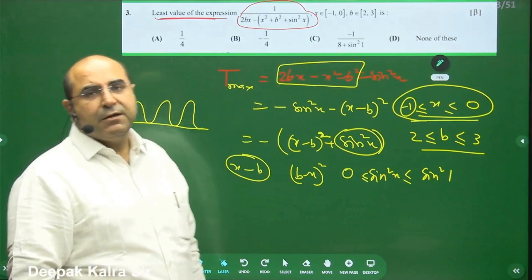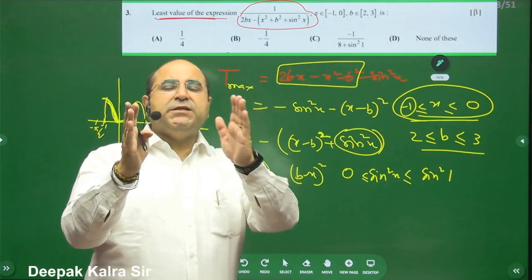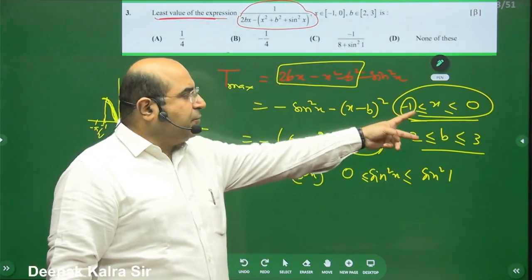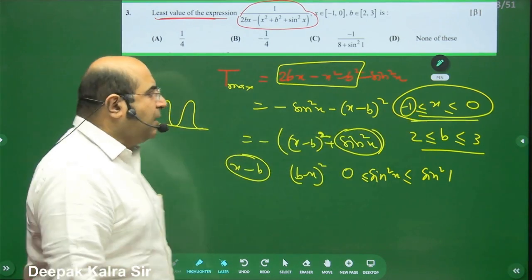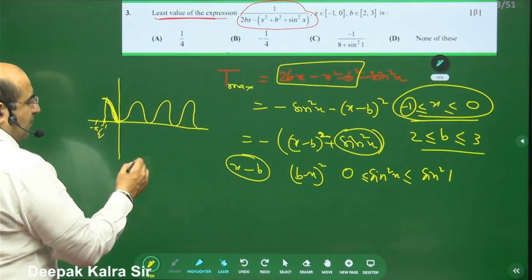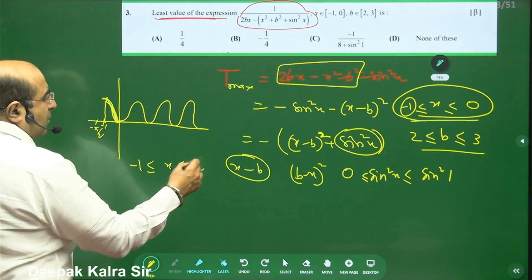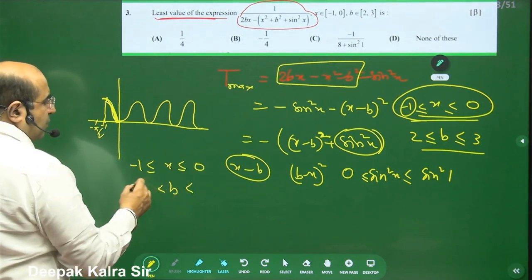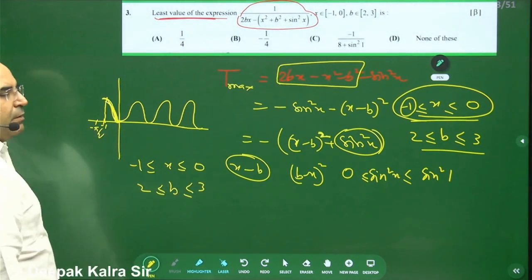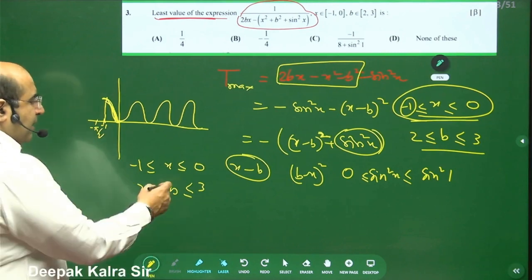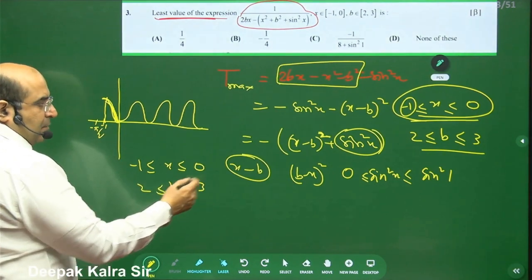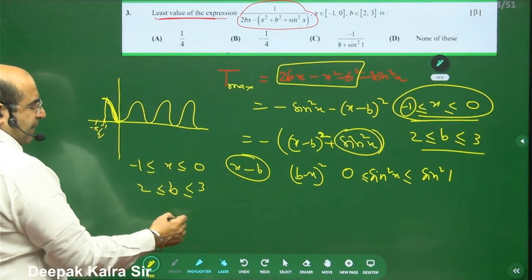Both are correct. I have to make up its range, max and min, by using these two results. What I'll do, I'll write minus 1 to 0 and b 2 to 3. One thing I'll do, I'll make it minus b.